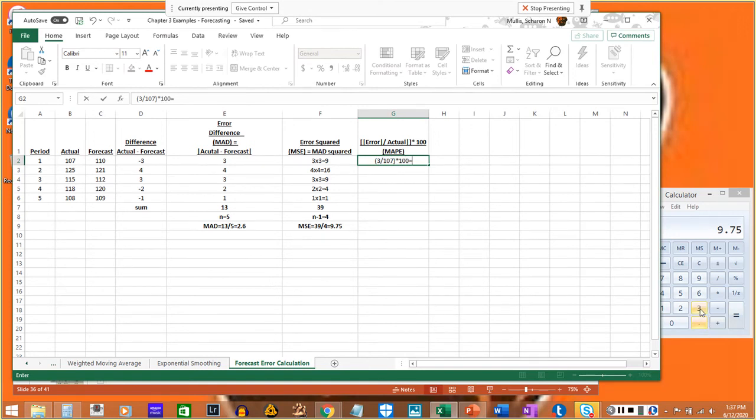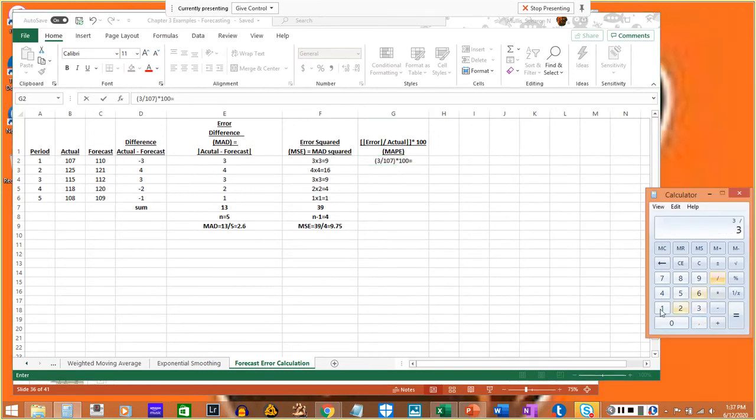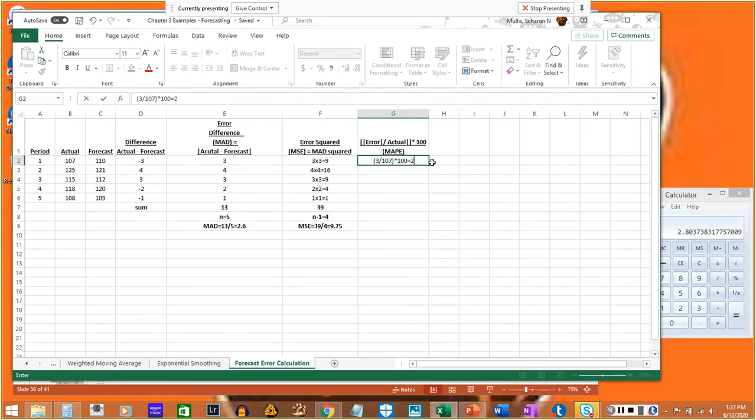So if we did that, 3 divided by 107, and then multiply that by 100 to give us a percentage. The percentage of that would be 2.8%.